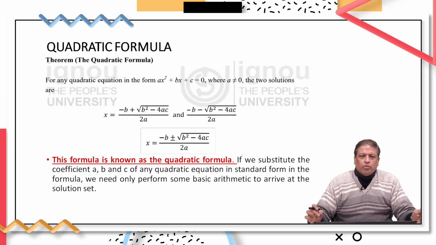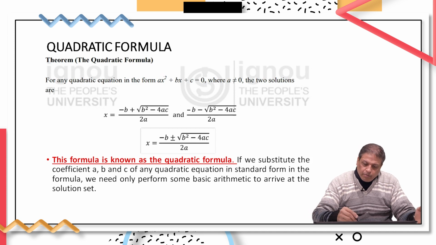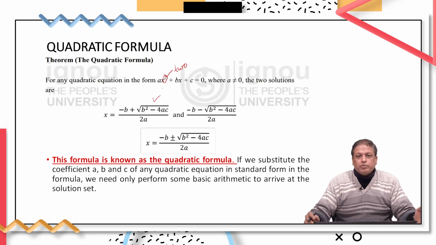There is a formula called the quadratic formula. If we have a quadratic equation ax square plus bx plus c where a is not equal to 0, then there could be two solutions because the maximum power of x is 2. One solution is minus b plus square root of b square minus 4ac upon 2a, and the second solution is minus b minus square root of b square minus 4ac upon 2a.